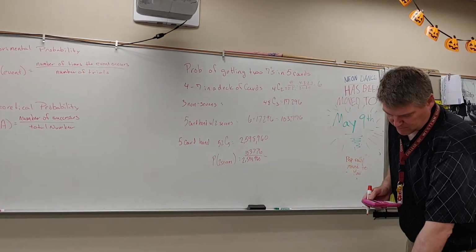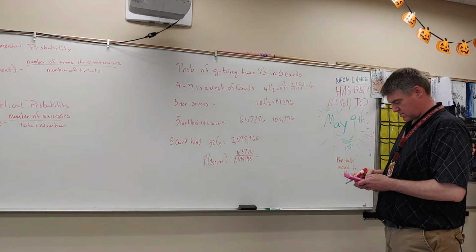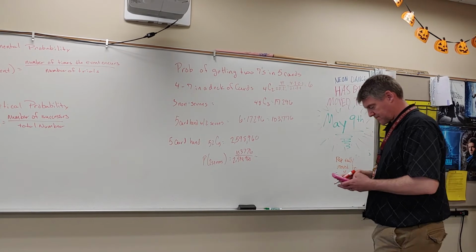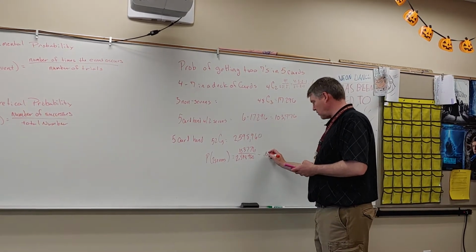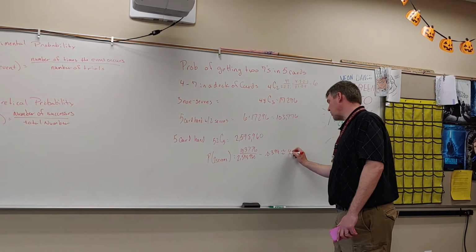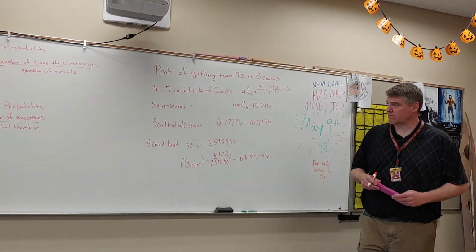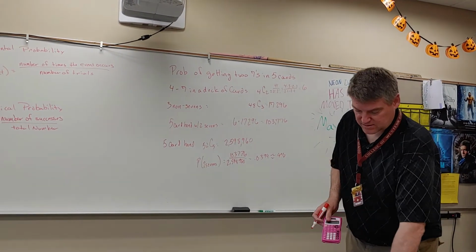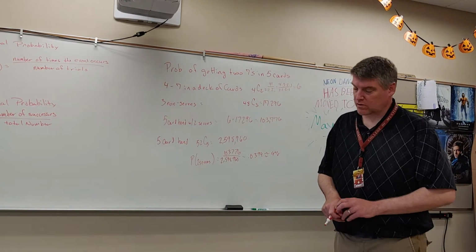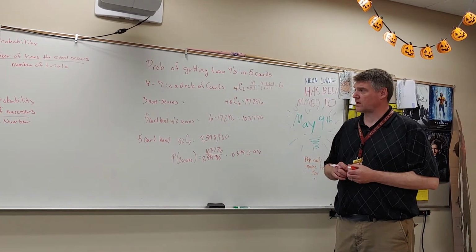And I get a probability of 0.0399. So approximately 4% of the time, I'm going to get 2 7s in there. So that's probability. And we're going to talk about 2 more things real quick.